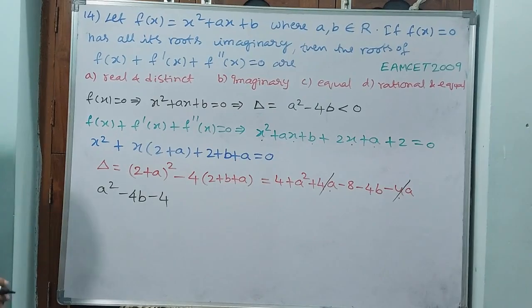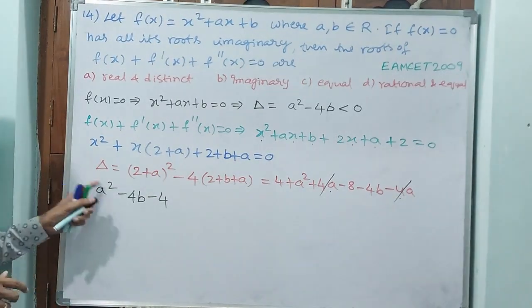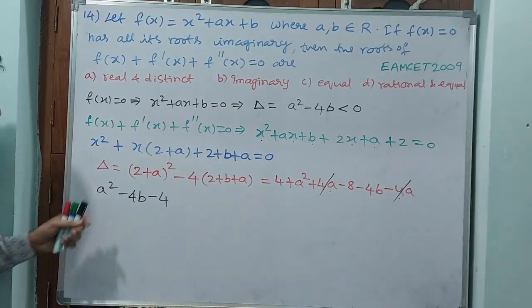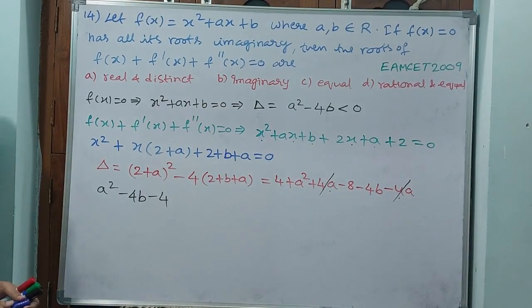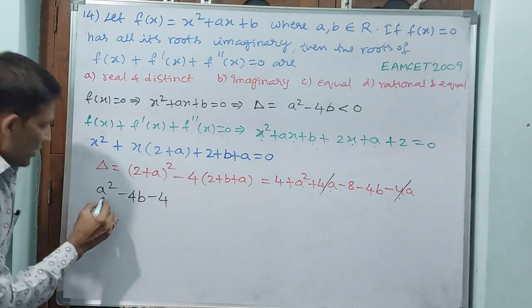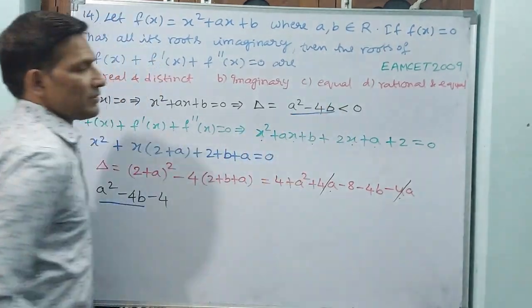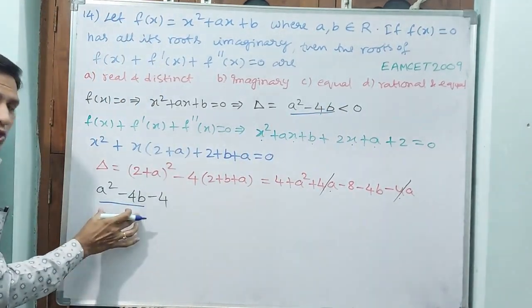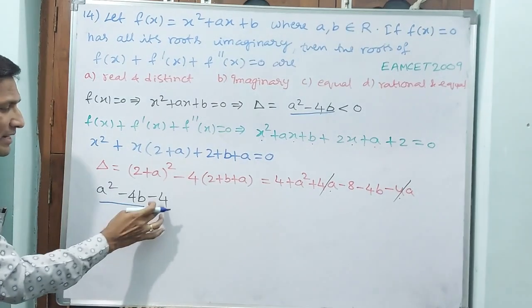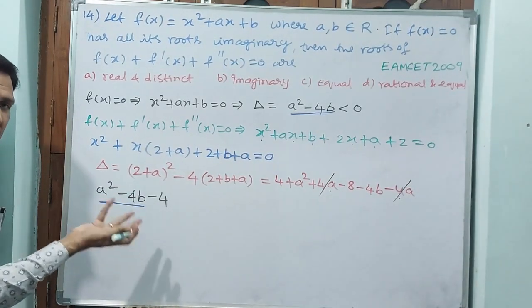Now wait. See how we are going to know whether delta is less than 0 or greater than 0. Why? Because we don't know the values of a and b. How we are going to know? One hint is there. You see, a square minus 4b is already less than 0. Only these two numbers we don't know, the values of a and b. But here the value minus 4 we know very well is less than 0.